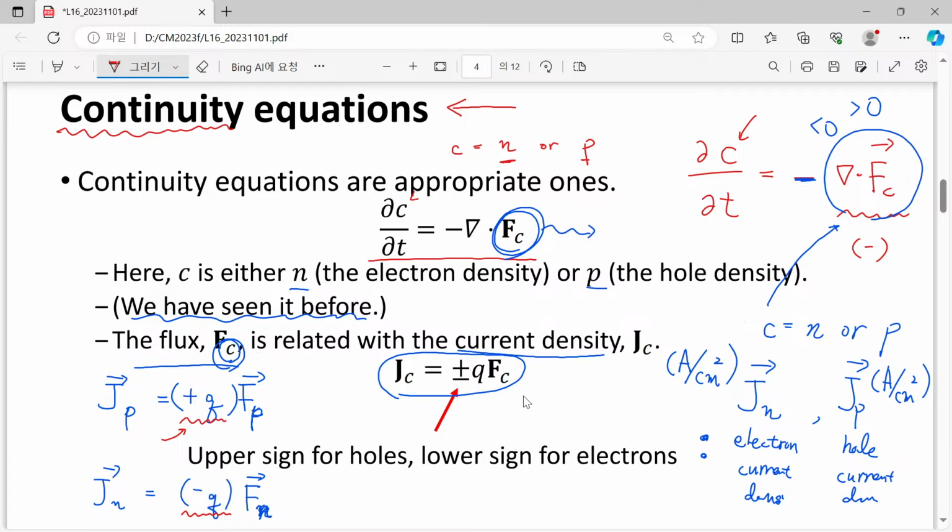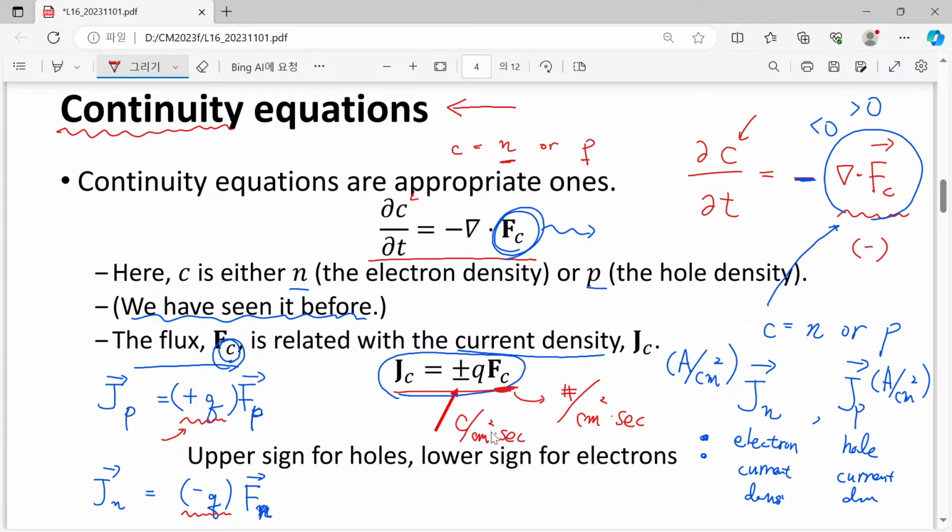Please note that flux is just counting the number of particles crossing the unit area in unit time. So when we apply minus Q or positive Q, whose physical dimension is just Coulomb, then following this relation, we'll have Coulomb per square centimeter per second.